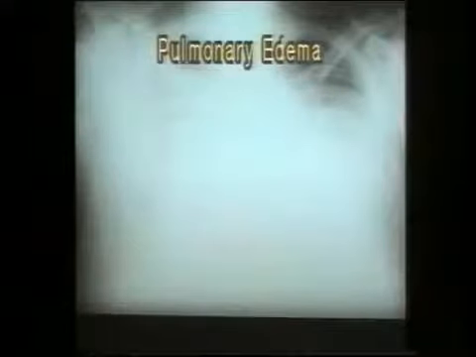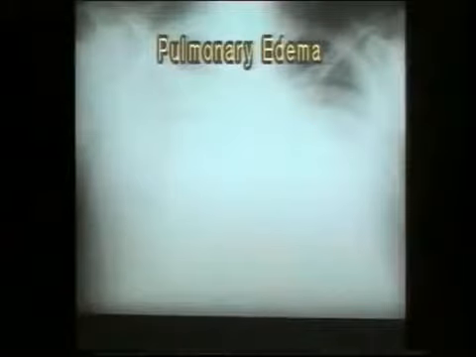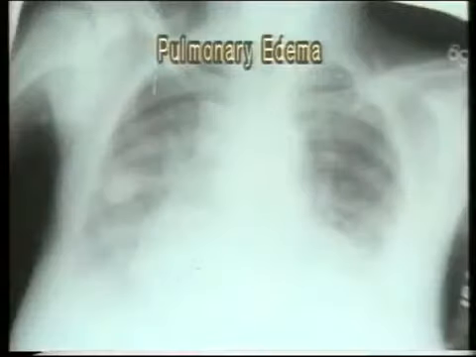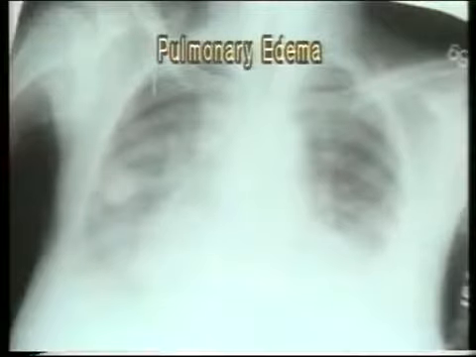Now this is a very interesting series of 3 X-rays. The first X-ray, when the patient presented in acute left ventricular failure, shows a very severe degree of pulmonary edema with alveolar edema almost all over the lung fields. The second X-ray, after 1 day of diuretic and digoxin therapy, shows that the pulmonary edema has dramatically reduced.